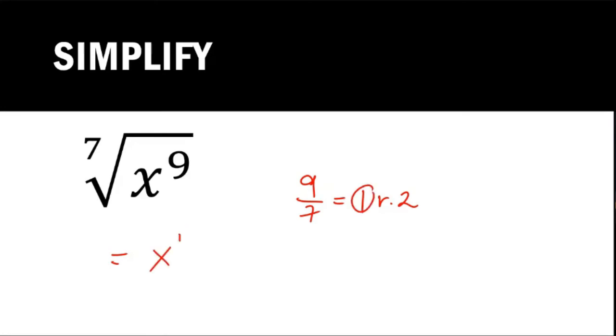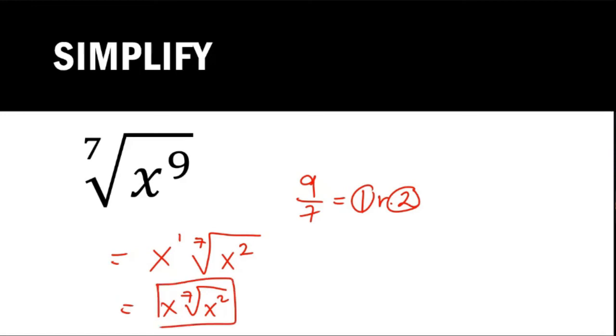The remainder, which is 2, is the exponent inside the radical. So the answer will be x times the 7th root of x raised to 2, and that is the simplest form.